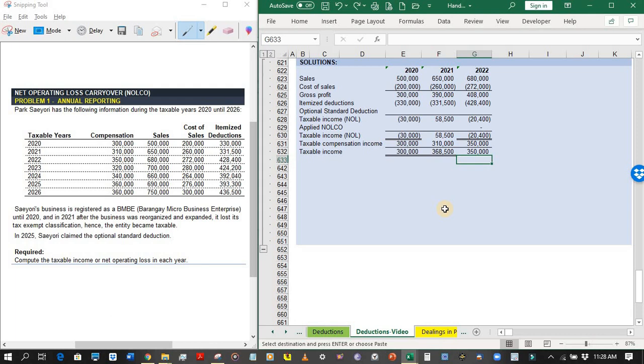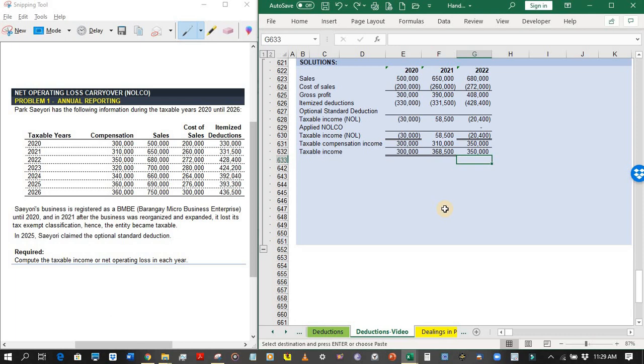If the 20,400 remains undeducted against gross income until 2025, the portion of the 20,400 not yet deducted from gross income will expire, and starting 2026, any portion of the 20,400 not claimed as a deduction from gross income is no longer allowed to be deducted.